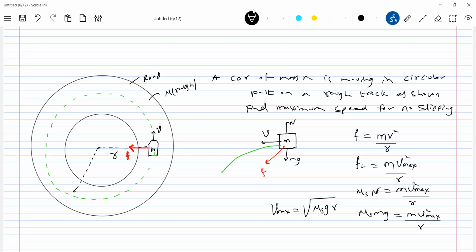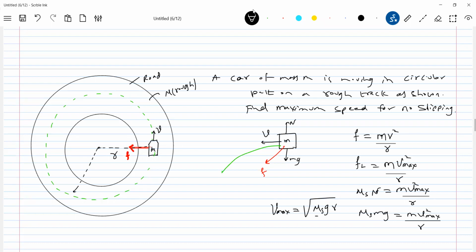That's why whenever you go on any ghat section, where turnings are there, they put a speed limit at the turnings. Why do they put a speed limit? There's a reason. There's a maximum possible mu between the tire of the car and the road, and the radius of curvature you can't change. Mu you can't change, and g is fixed. So there's an upper limit. If the speed of the car is more than v max, sir, what will happen? It cannot complete the circular path.